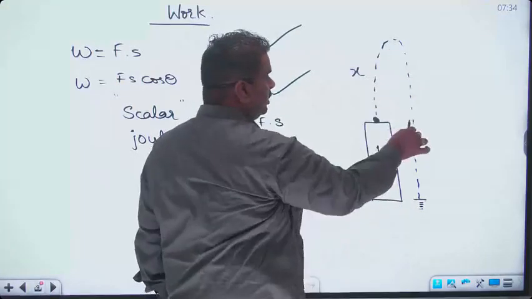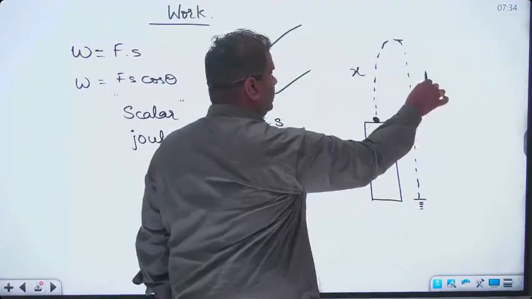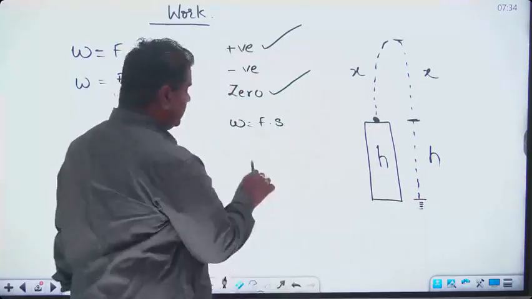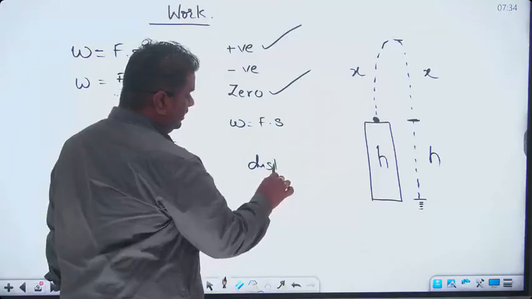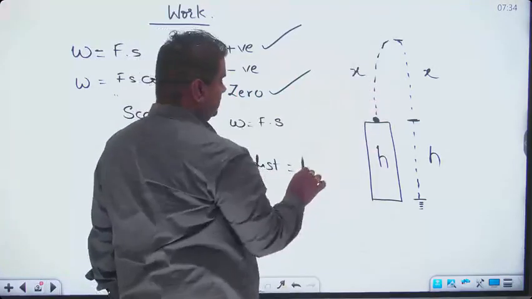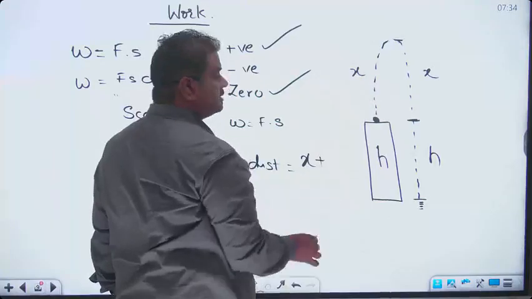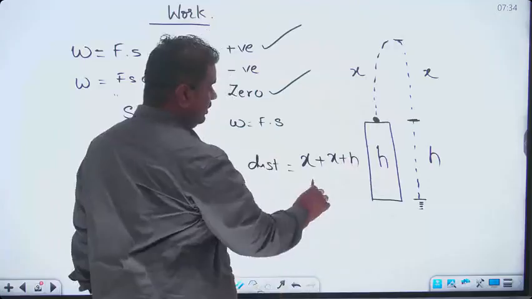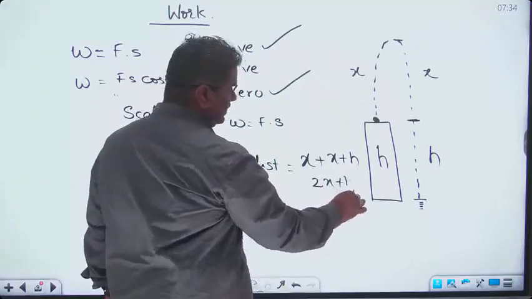From here to here it is again equal to x, and this is equal to h. Now if you calculate the distance traveled by the object, the object first traveled upward x, and then downward again x plus h, so simply you write this as 2x plus h.